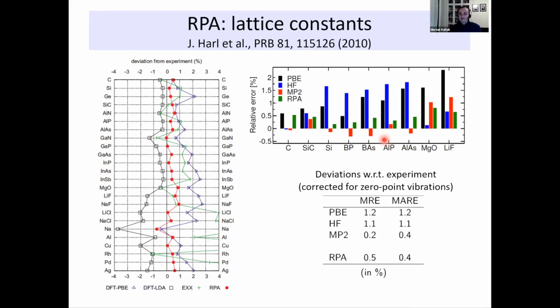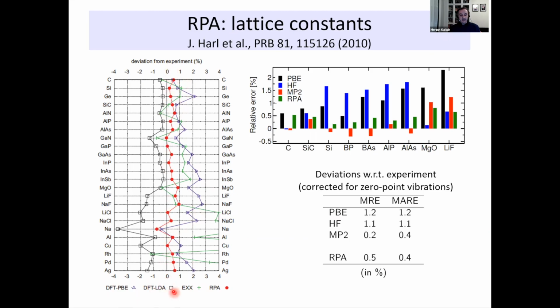In fact, RPA has formidable lattice constants. This plot shows the deviation of calculated lattice constants from experimental values for a series of systems, for 4 different methods. For PBE, we have the triangles, with slightly larger lattice constants compared to the experiment.